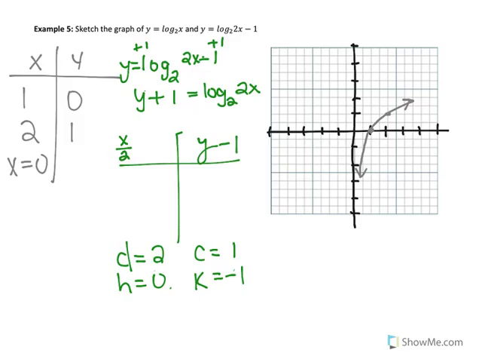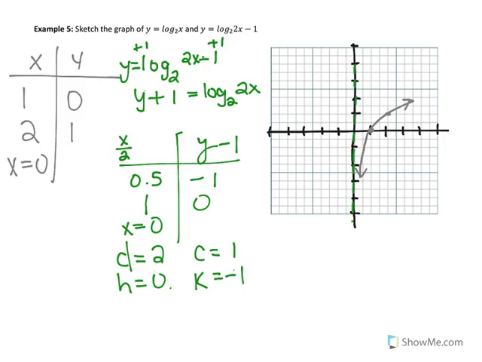So we're going to do y subtract 1. So we have 1 divided by 2 is a half, and 0 subtract 1 is negative 1. 2 divided by 2 is 1, and 1 subtract 1 is 0. And for x, 0 divided by 2 is still 0. So our asymptote is still the y-axis.